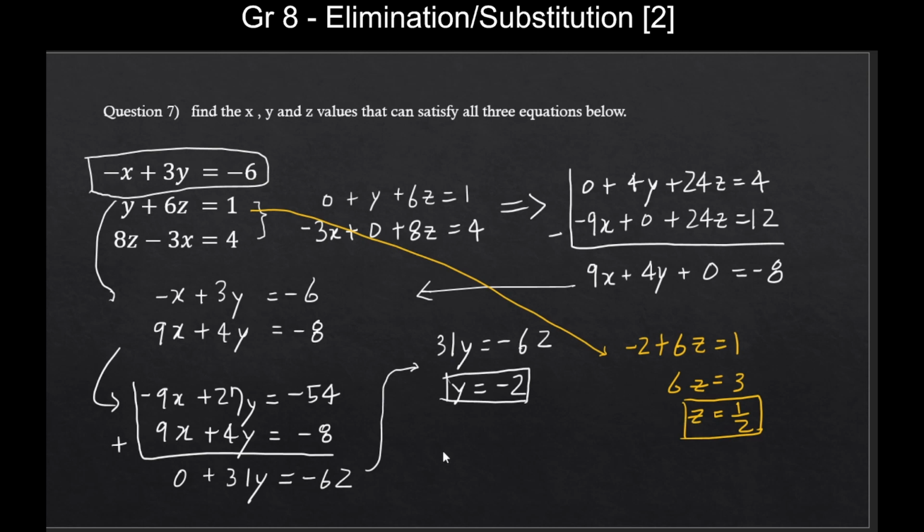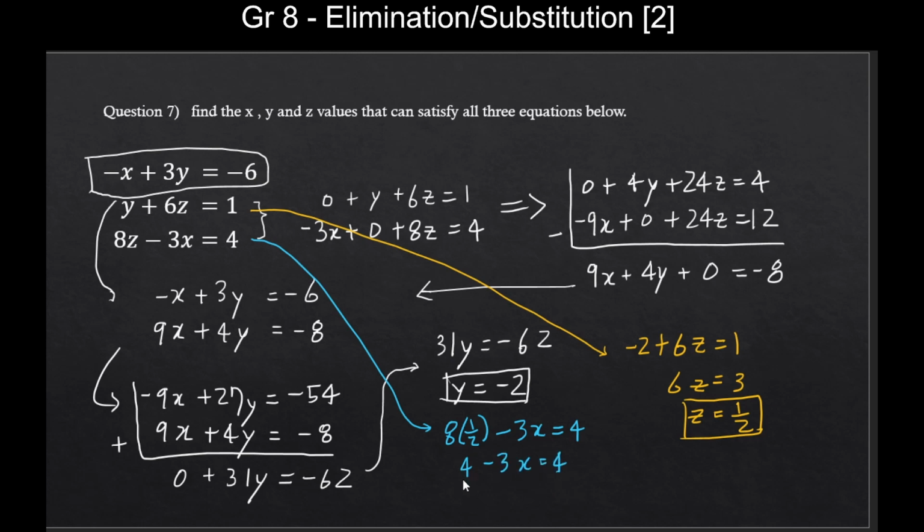Next, we should find the x value. Should we use this one? Yeah. 8 times z, our z value was 1 over 2, so I'll plug it in here, substitute. Minus 3x is equal to 4. And 8 times 1 over 2, that's 4, right?